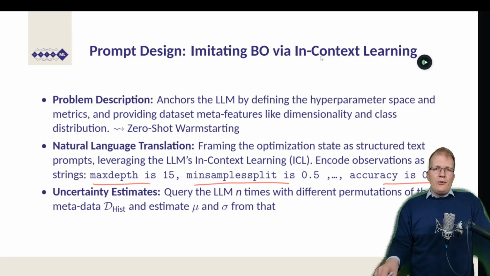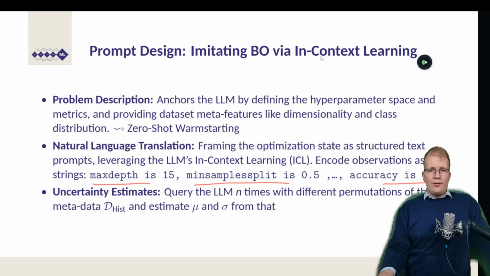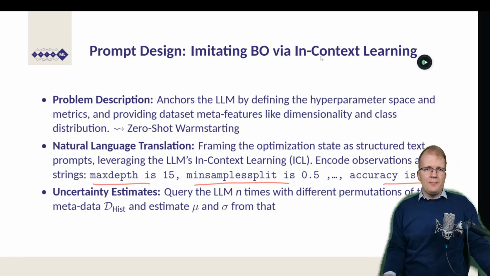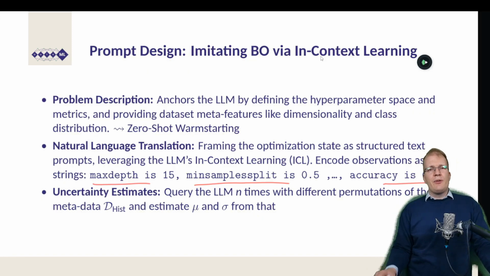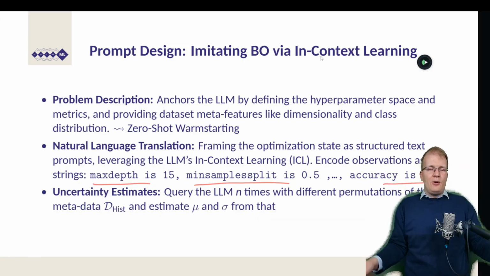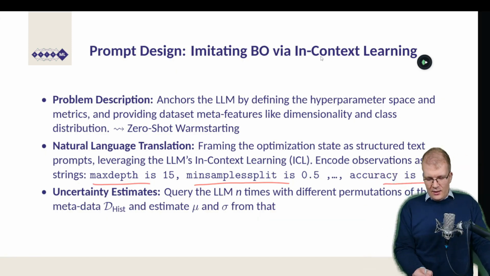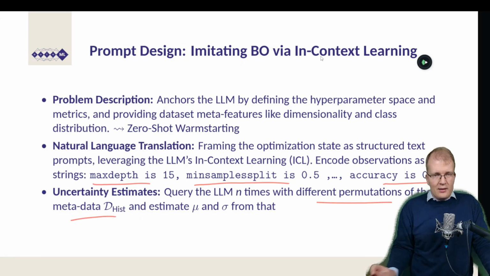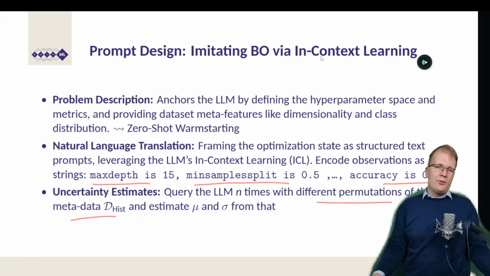We're also using the LLM for getting performance values, so not only for sampling, but also as a surrogate model for the sampled configuration. And what we're doing, we query the LLM not only once to get one performance, but n times. To get a distribution over possible performance values, we permute our metadata, which is what is stored in our previous history data.